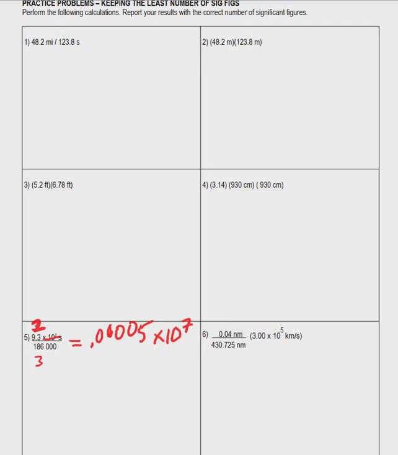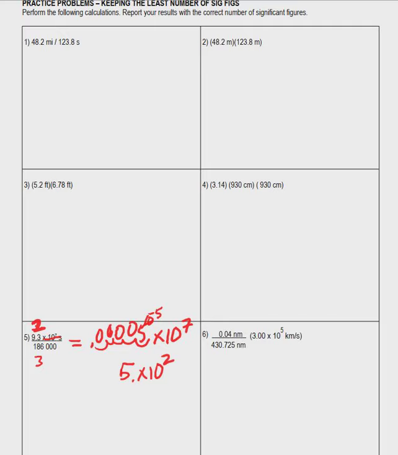We can move this over 1, 2, 3, 4, 5. Since we did that, remember we subtract exponents. So we moved it over 5, so now it's 5 times 10 to the second, because we made a smaller number bigger, so that would give us 10 to the minus 5, and then you just subtract the exponents.